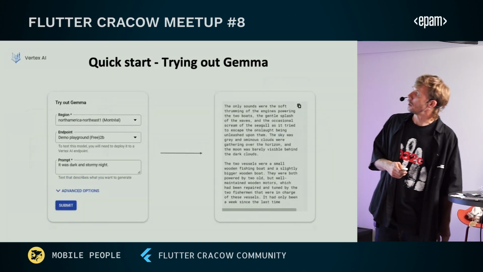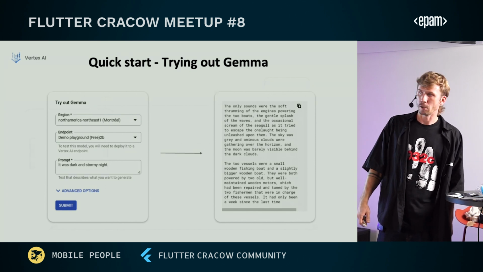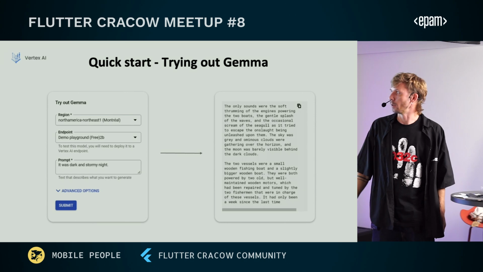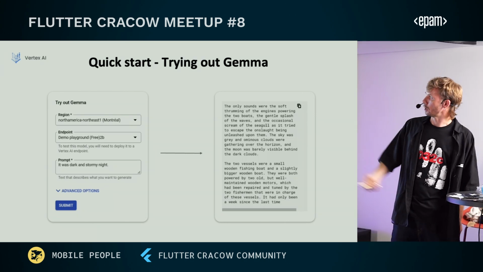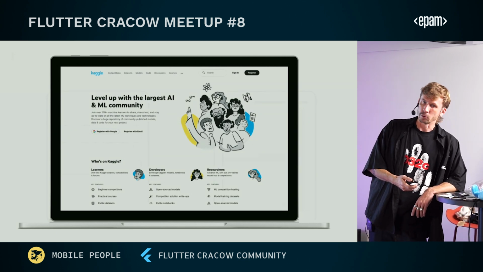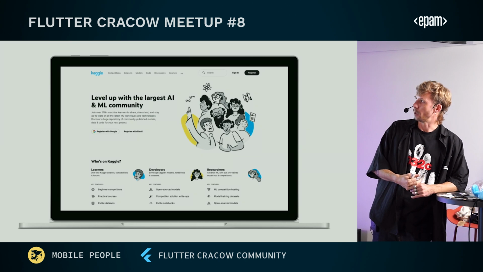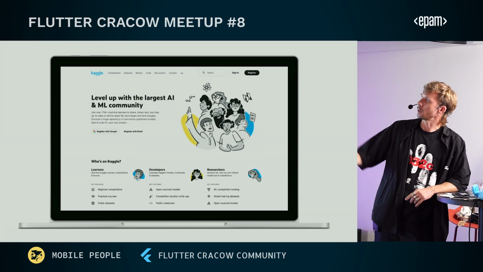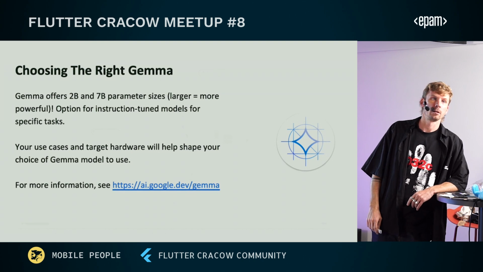A few slides about Vertex AI are just examples of how to work with it. Without deploying, you can open this test tool to write your prompt and check results. But if you want to download it, you should go to another product. You can open Kaggle, for example, and download Gemma to your device.